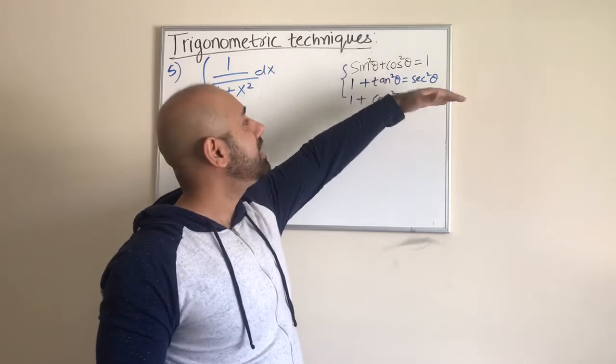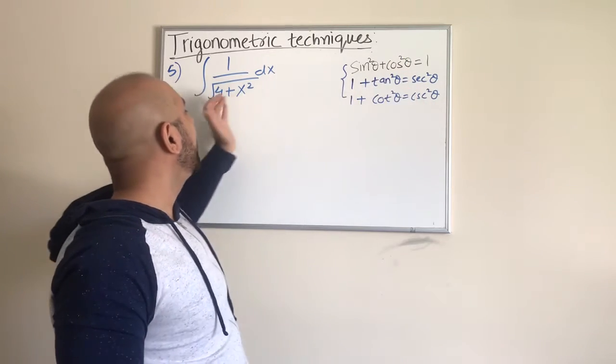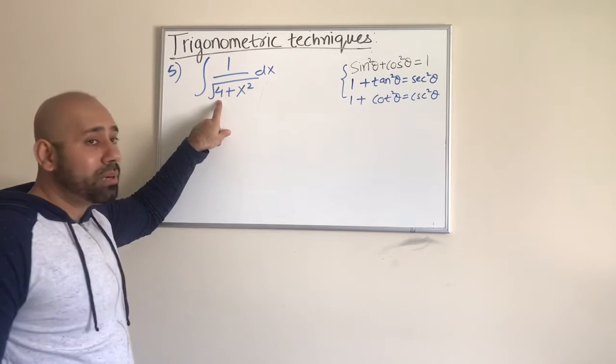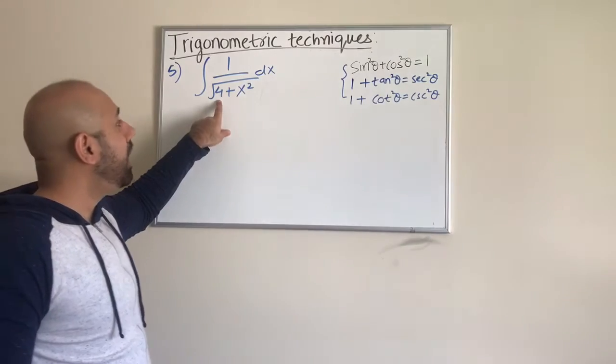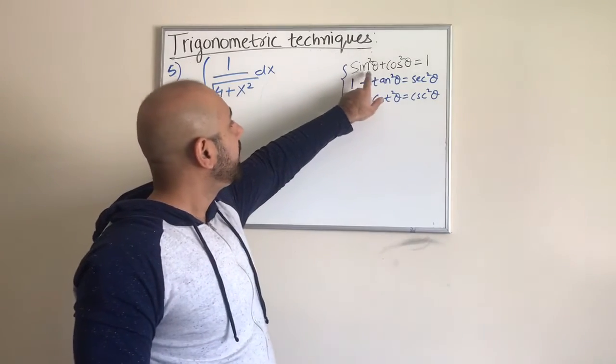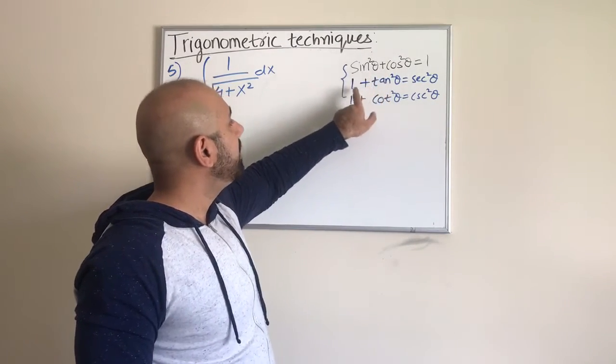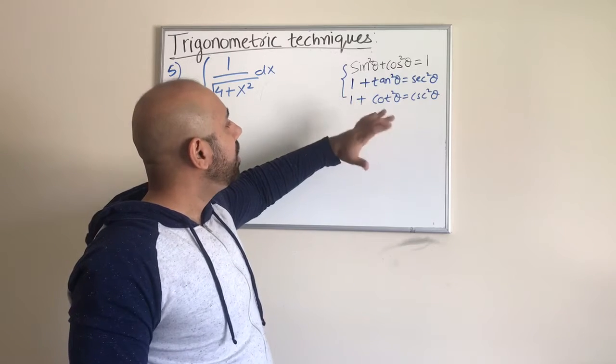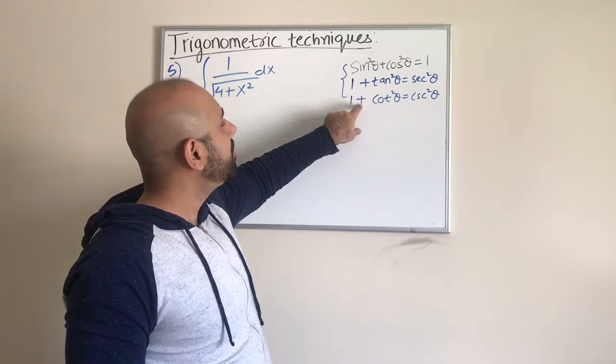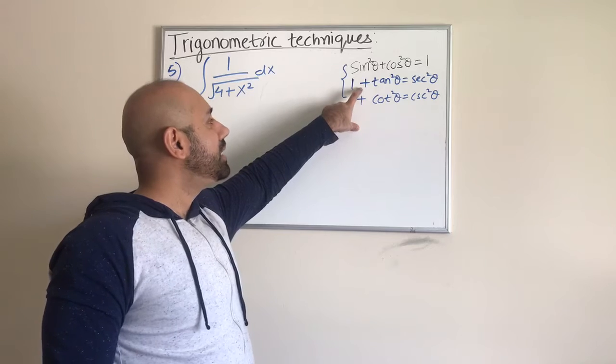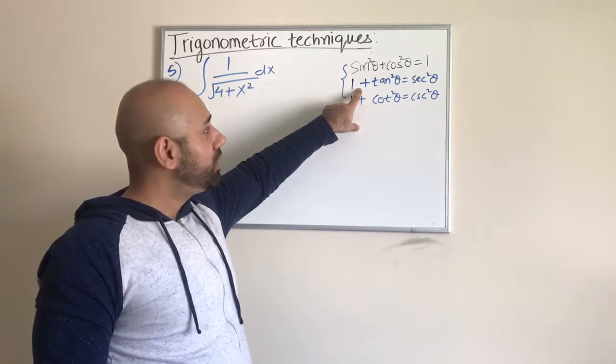There's a 1 on the other side, but we don't want a 1 on the other side here. We can transform this 4 by dividing it by 4 and make it look like 1, but here there's no 1, while both of the others have 1s. So it is up to you whether you want to use this one or this one. I'm going to choose the second one, and then I'm going to take it from there.